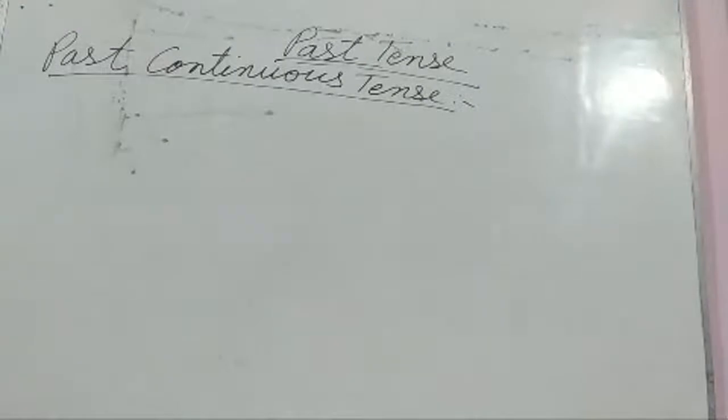Here also we are going to see the formula and example of past continuous tense, then in the negative sentence, and then in the interrogative sentence. So first we are going to see the formula and the example of past continuous tense.